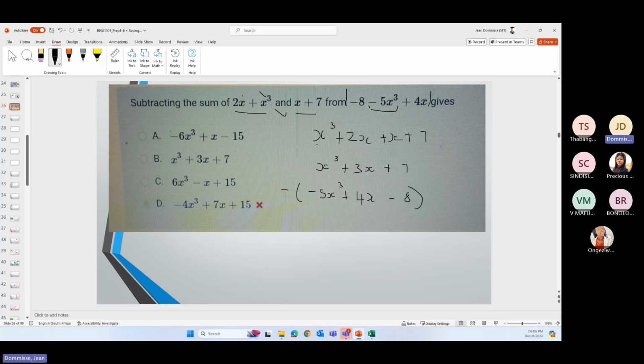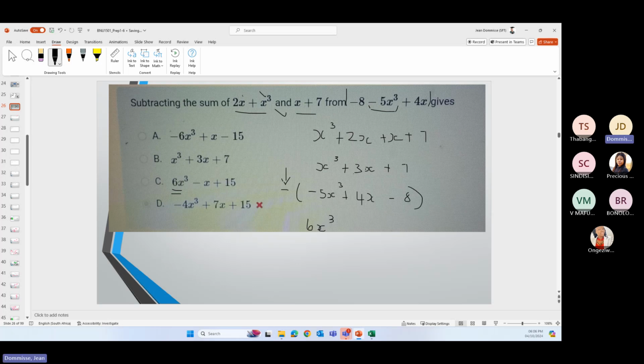Okay, and important that we have a minus, because minus times a minus will become positive, so it will be x^3 plus 5x^3, which will give us 6x to the power of 3. Now already you can see if I do that, there's only one answer.